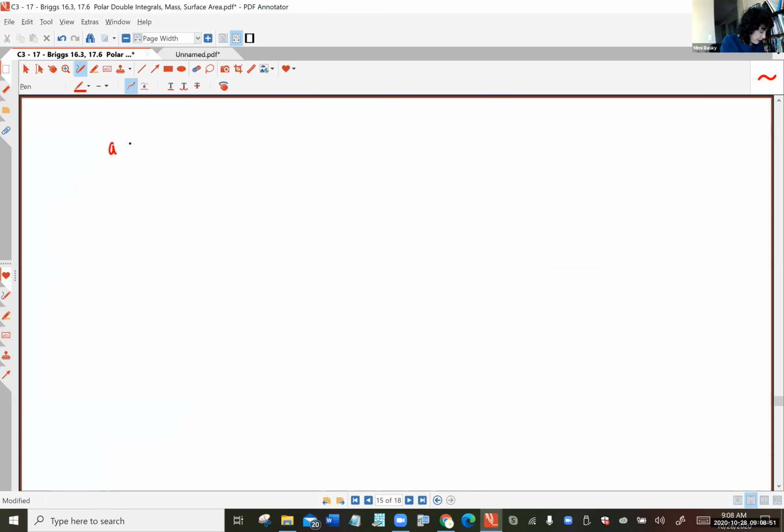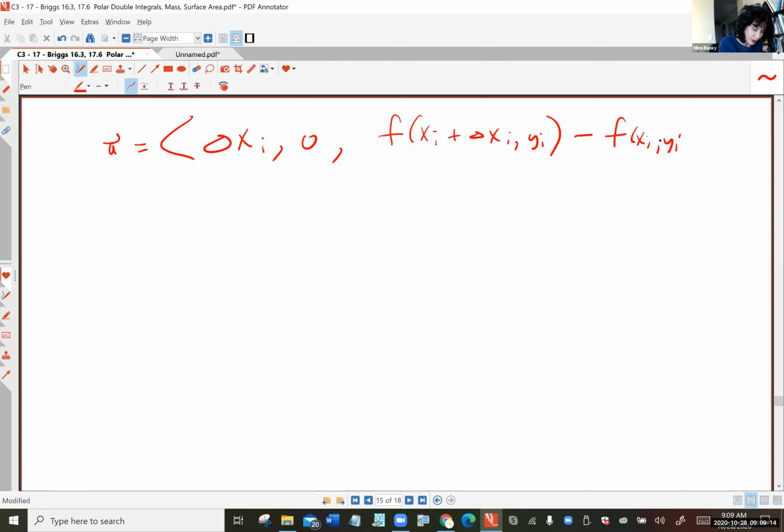So my u is going to end up looking like delta x sub i, 0, and then what I have there, if I take that special version of 1 and rearrange it a little bit, you hopefully will be able to recognize what that is. I don't know if you will or not. Let's see who's been paying attention this last month.